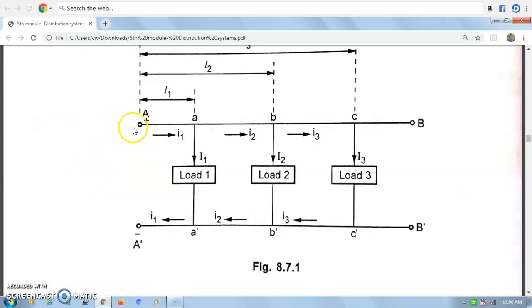It is fed at only one end, therefore whatever total current is there is distributed to all the loads connected throughout the length of the distribution system. Therefore, whatever total current is fed at the one end, that is small I1, is equal to capital I1 plus capital I2 plus capital I3.